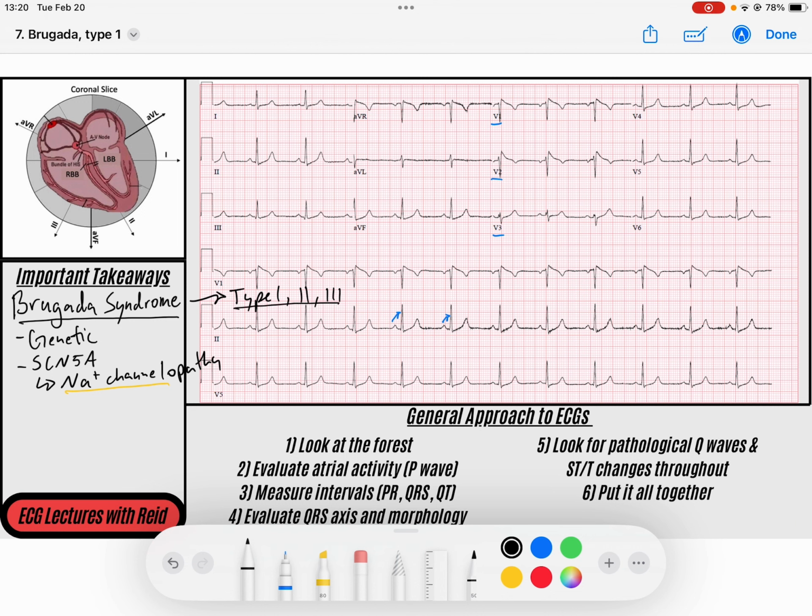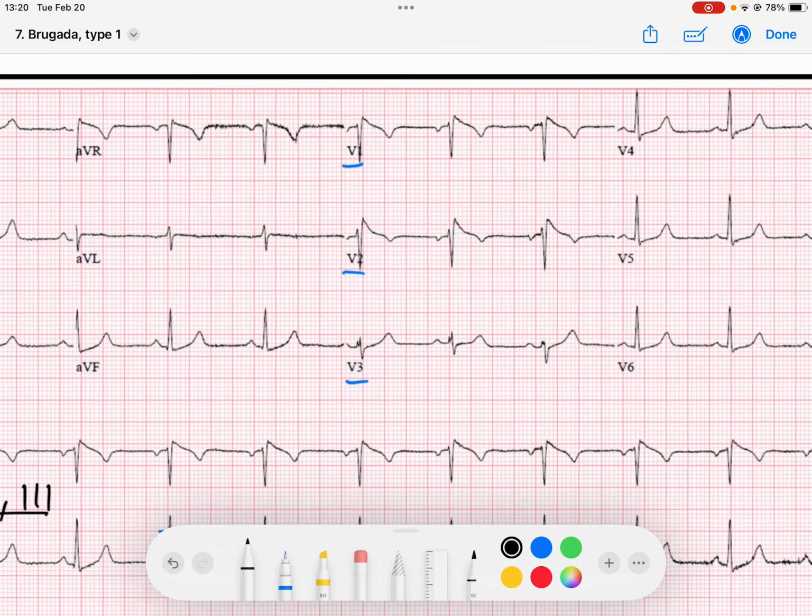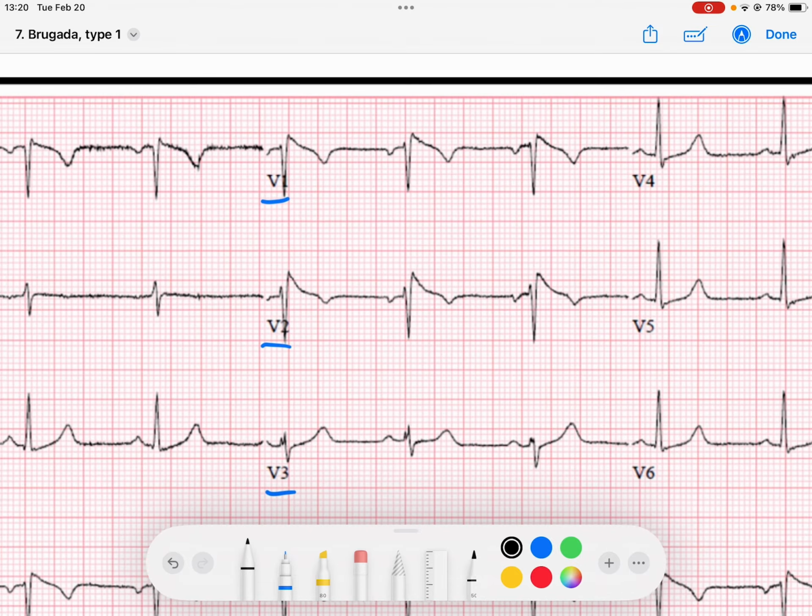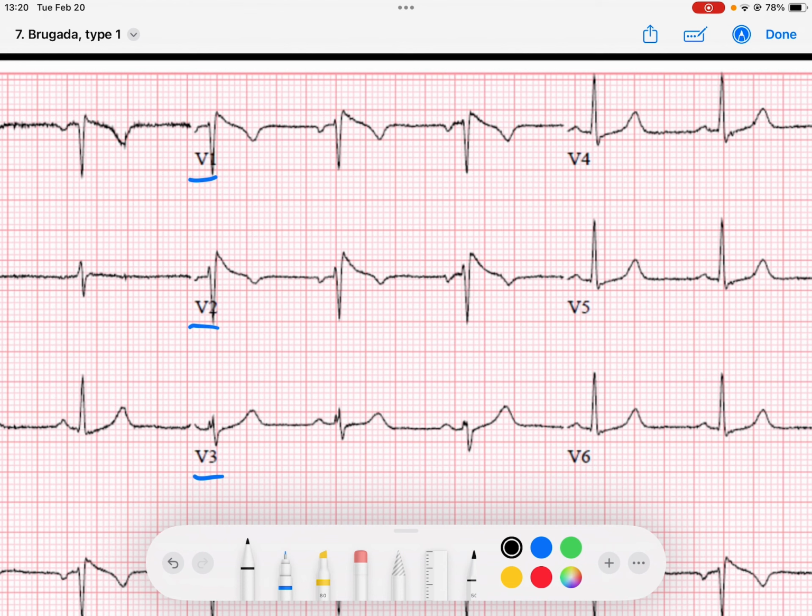What we'll notice here is that if we come up to V1, V2, and V3, we're going to zoom in on these leads. In Brugada syndrome there are a couple findings, and this is really characteristic here of type 1.